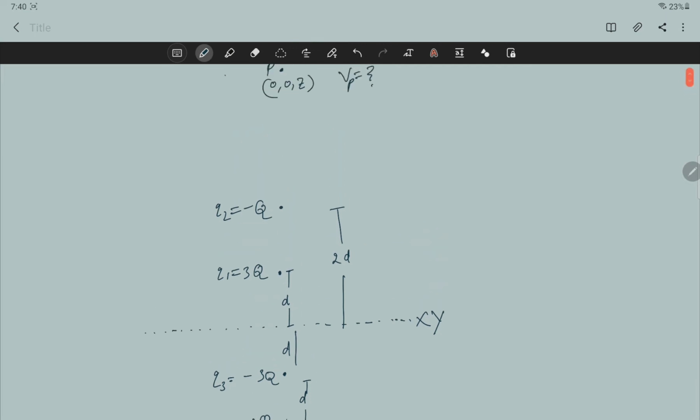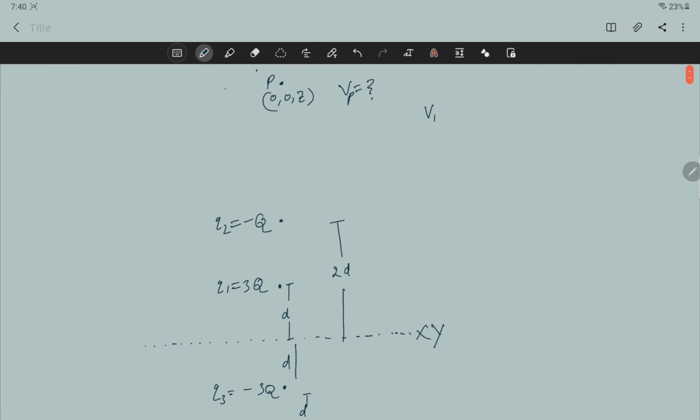So potential Vp can be written as 1 upon 4 pi epsilon naught, q1 upon r1, q2 upon r2, q3 upon r3, q4 upon r4.